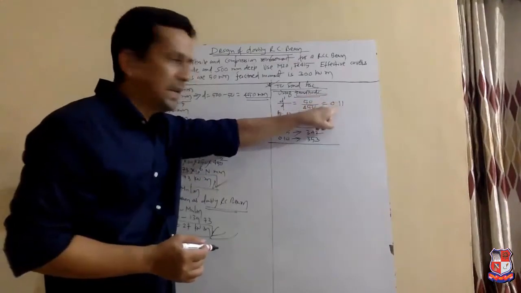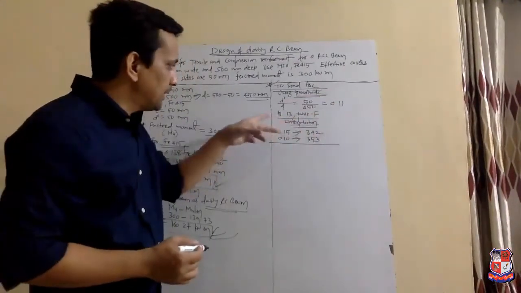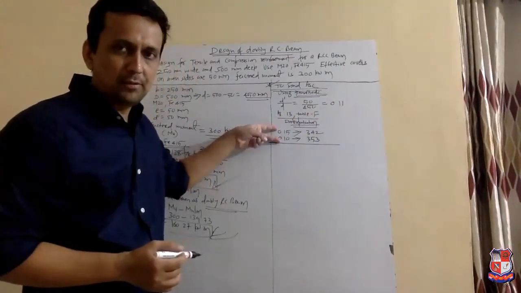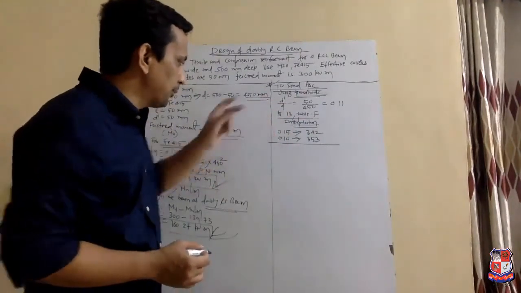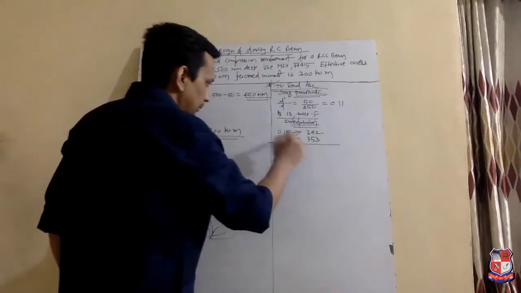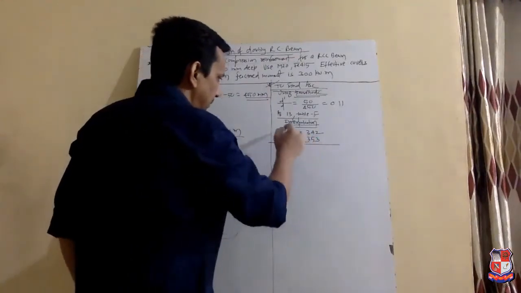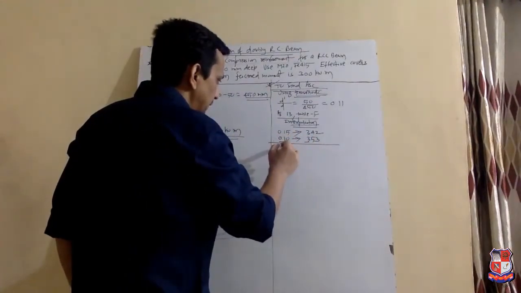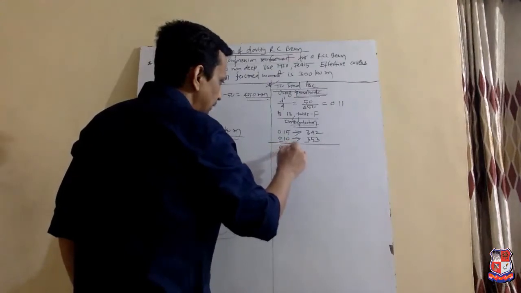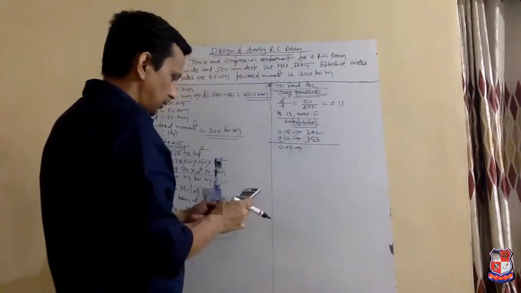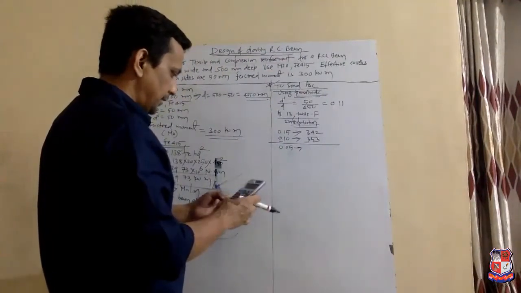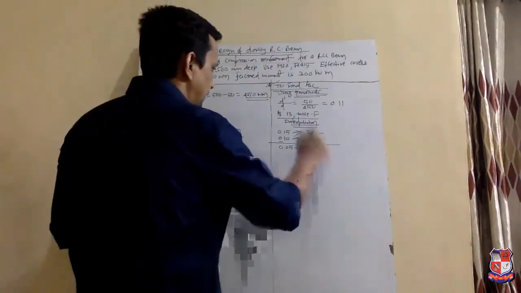Because this 0.11 is the value in between these two values. That's why I have taken 0.15 and 0.10. This is minus and minus. 0.15 minus 0.10 is 0.05, and 342 minus 353 is equal to minus 11.